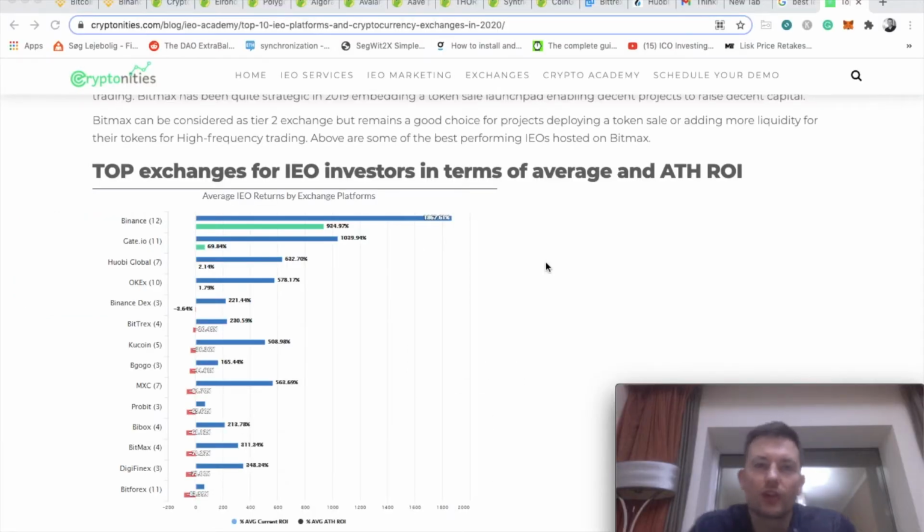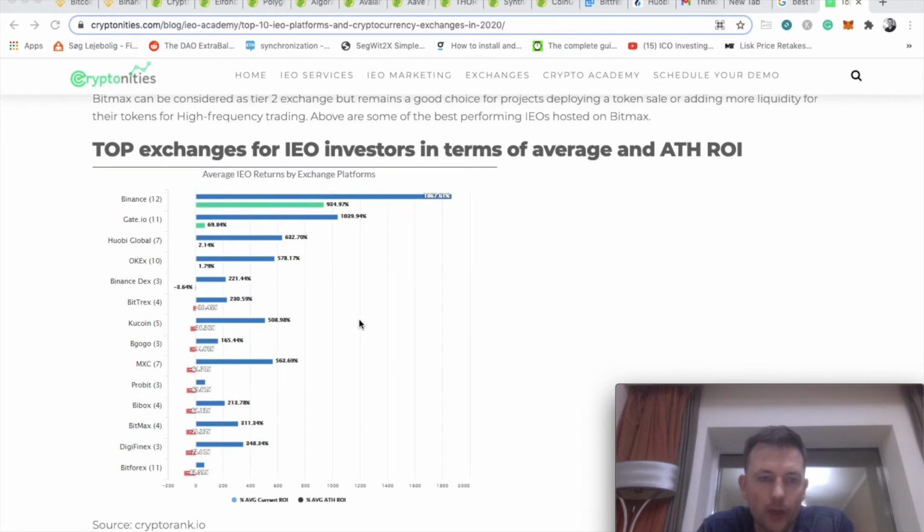If you're asking yourself, why should I participate in these IEOs on Binance? Then this chart shows you one good reason. Of course, not financial advice, but you can see here that the average return of investments on IEOs on Binance at this time is more than 900%, and the average all-time high return is 1,867%.